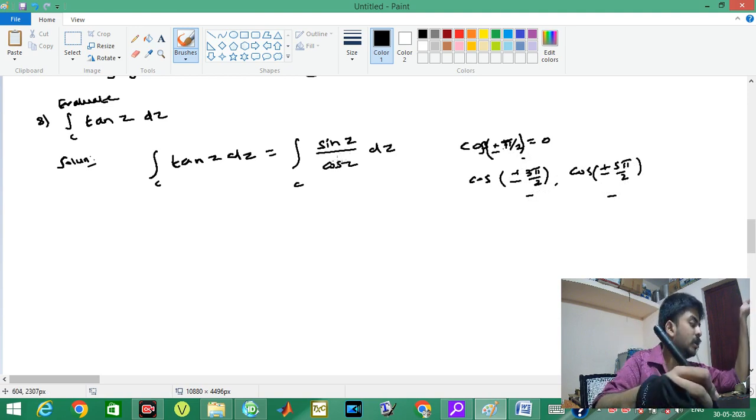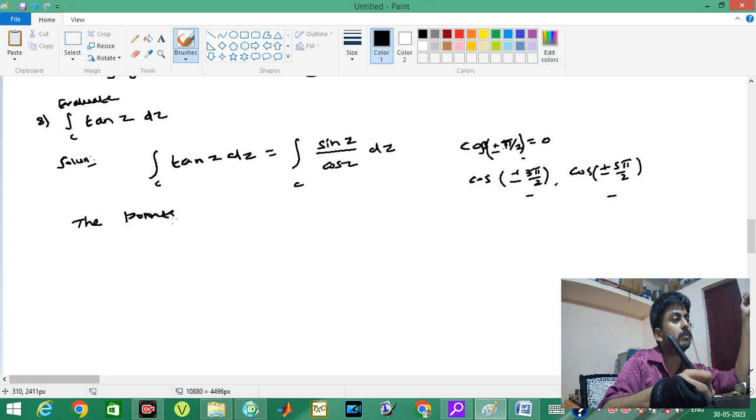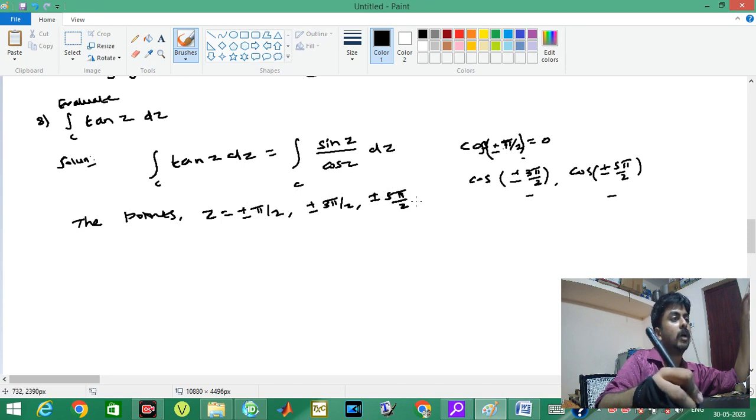So the points where cos z is 0 are z equal to plus or minus pi by 2, plus or minus 3 pi by 2, plus or minus 5 pi by 2 etc., and they lie outside C.